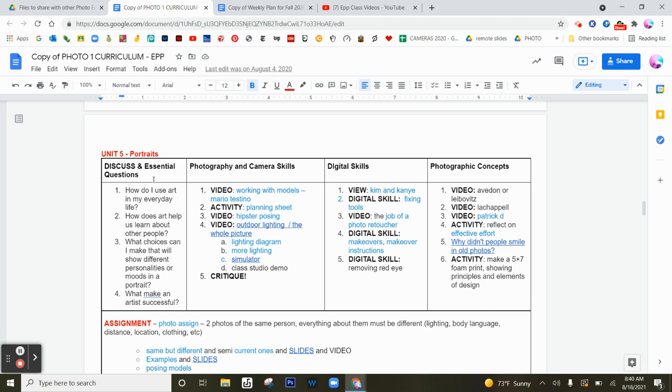How can I do all these things to get mood or emotion across? So now we've gone from the more dry functional things to trying to communicate through our photos. They have to take two portraits of the same person, but make very different active choices in both images.